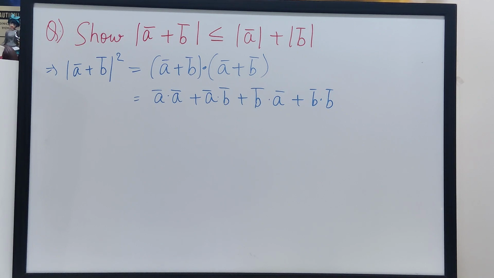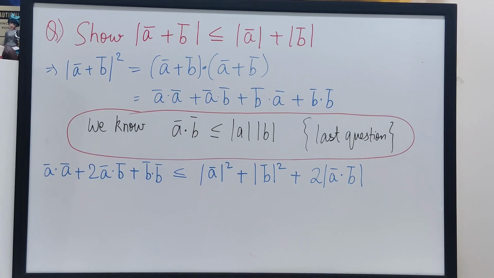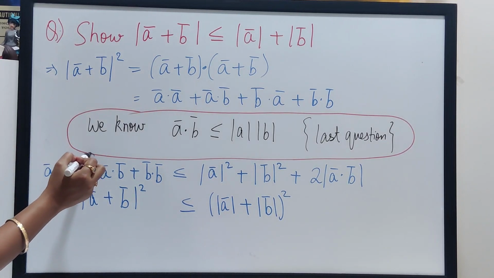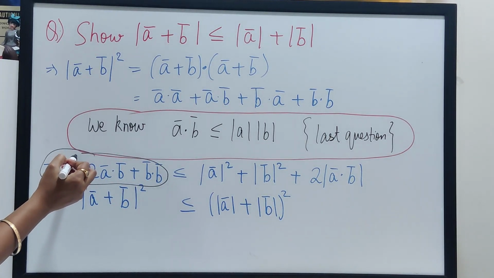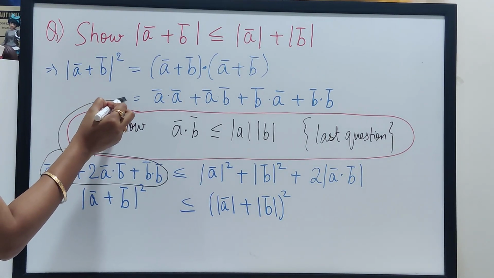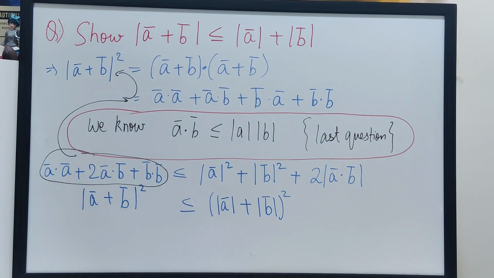Expand it, and from the last question we already know that A dot B is less than or equal to |A| into |B|. So that gives us, and now we'll remove the square by taking root on both sides, and here we can prove the equation.